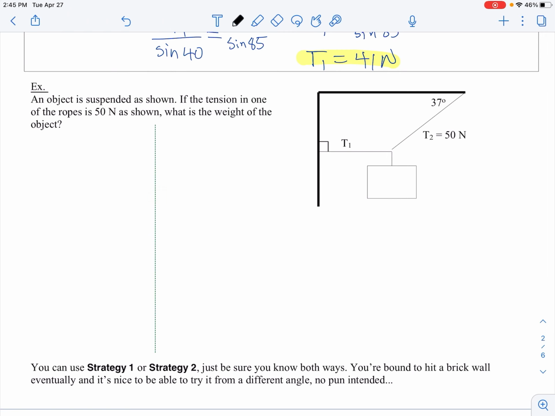Okay, so we have a trig method, and then we have my component method.